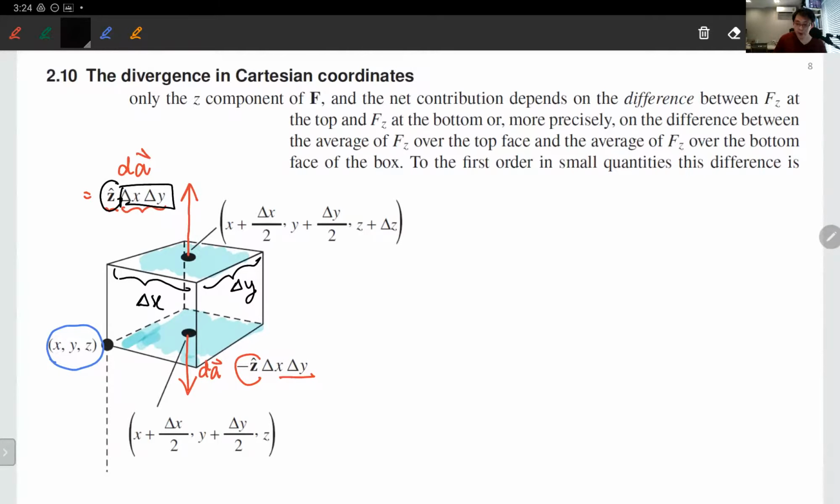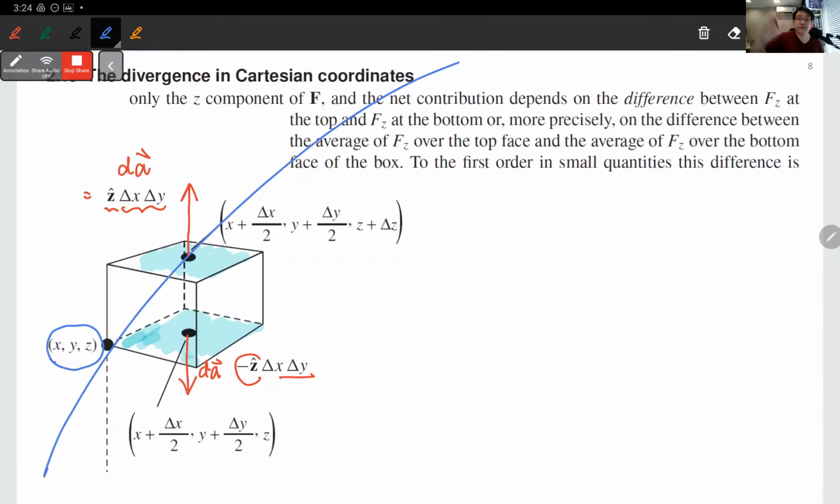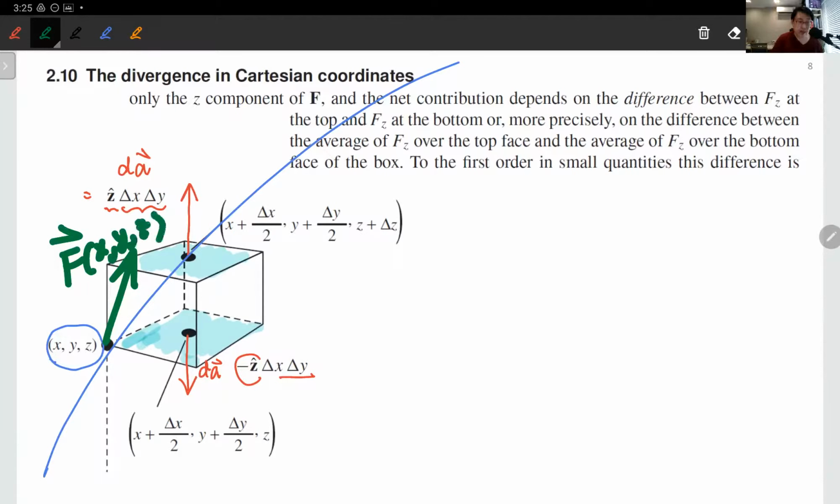All right. So now, don't forget, let's come back to our point. Right now, you have a vector field. So at that point, x, y, z, you probably have some vector F waiting for you at x, y, and z. I write it so big just to emphasize that that is the vector that you are interested in.